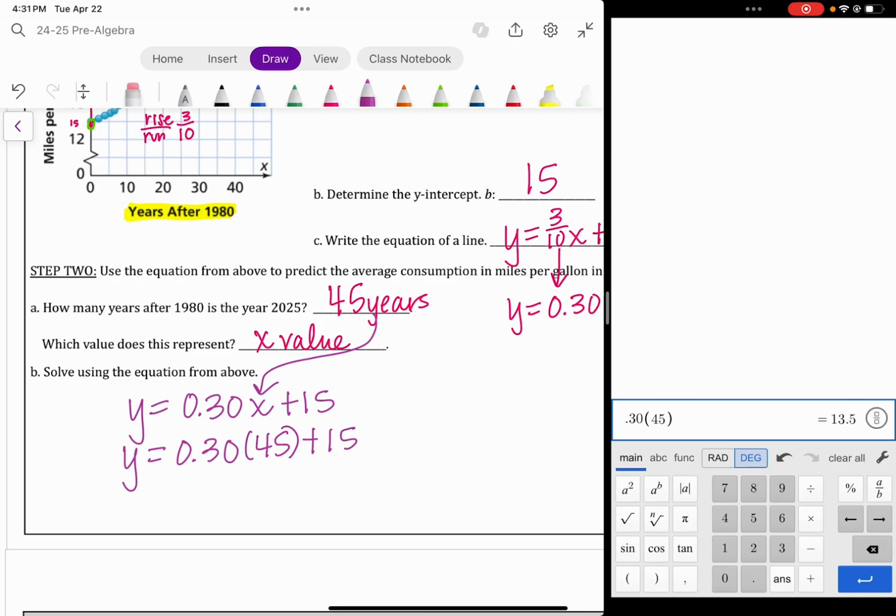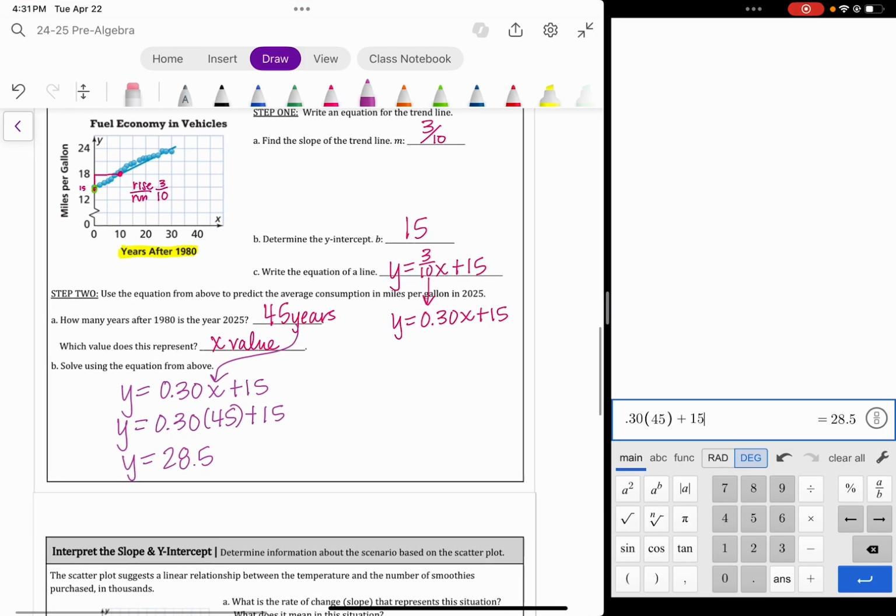Whoops. 0.30 times 45 plus 15 is 28.5. And that is miles per gallon.